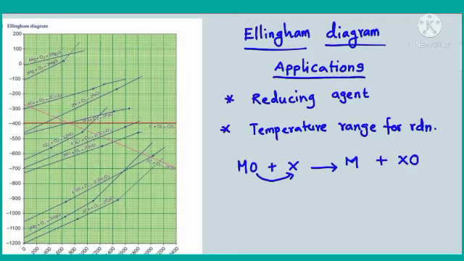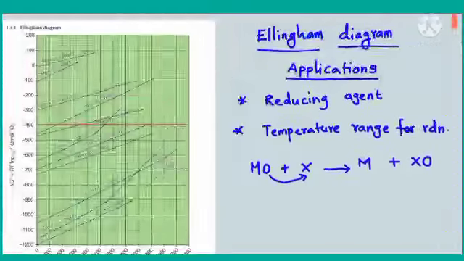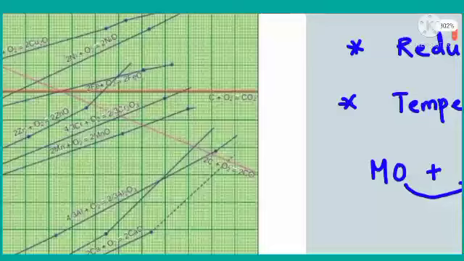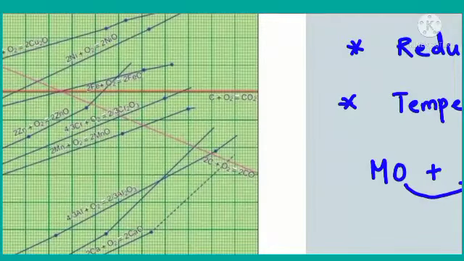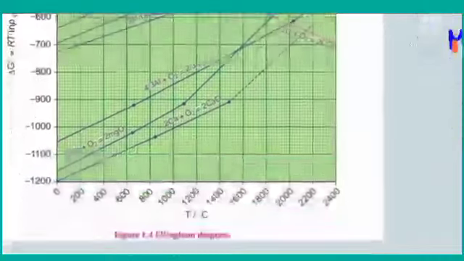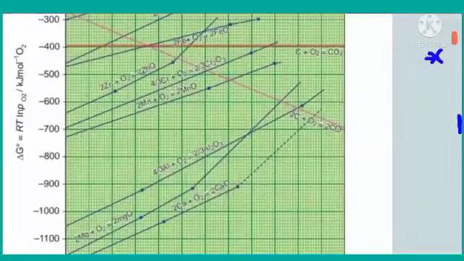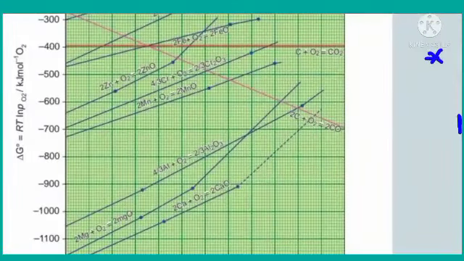Correct. So now let us see some important applications of this Ellingham diagram with reference to some elements. Now look at this Ellingham diagram. You have formation of oxides of several metals, and in the Ellingham diagram the temperature is plotted on the x-axis and delta G naught value is plotted on the y-axis.